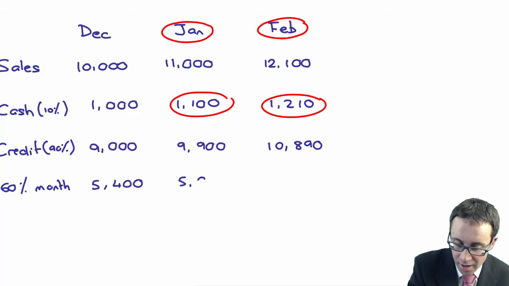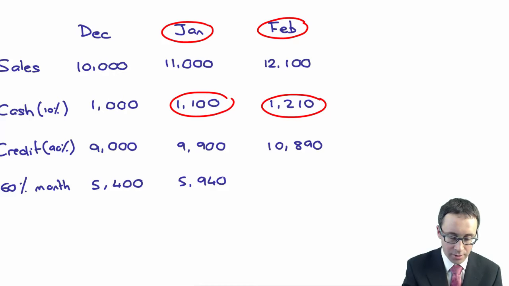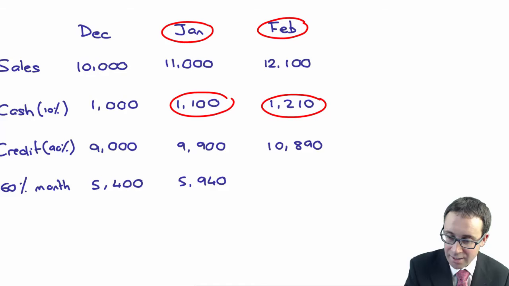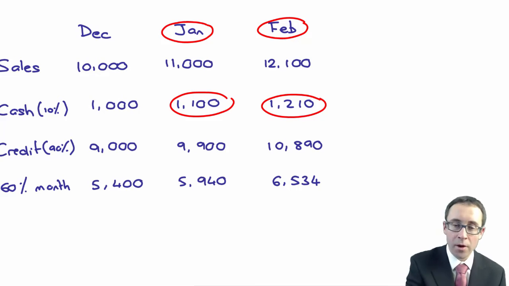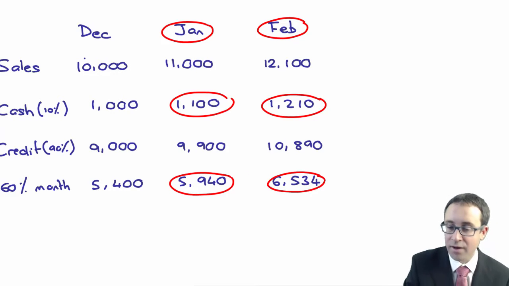Is it the 5,940 as I take 60% of the 9,900? And 60% of 10,890 is 6,534. Okay. Again, the only figures that I'm really interested in are the 5,940 and the 6,534.